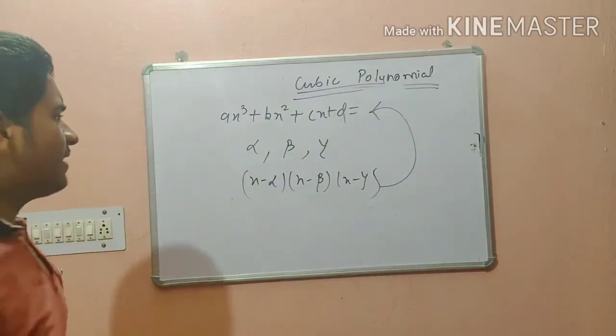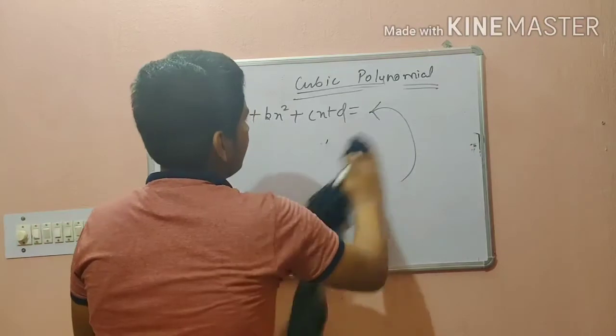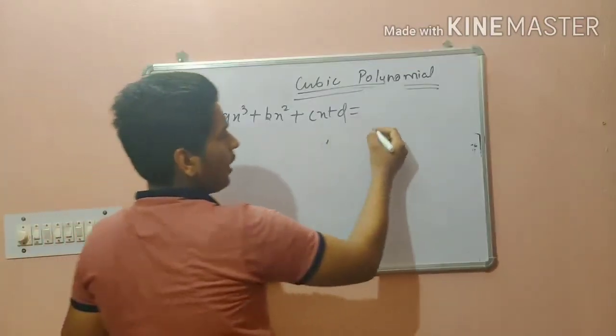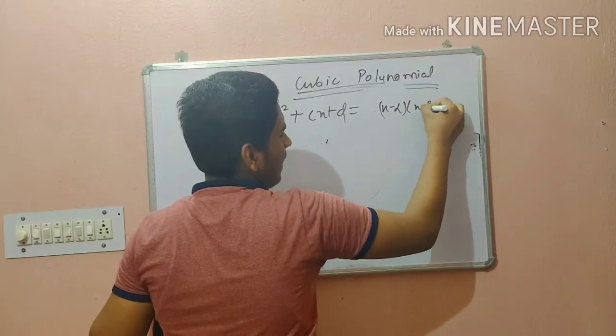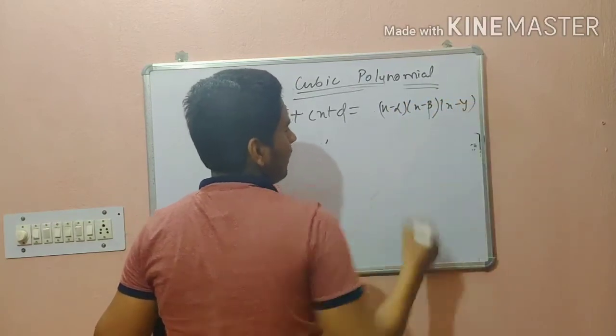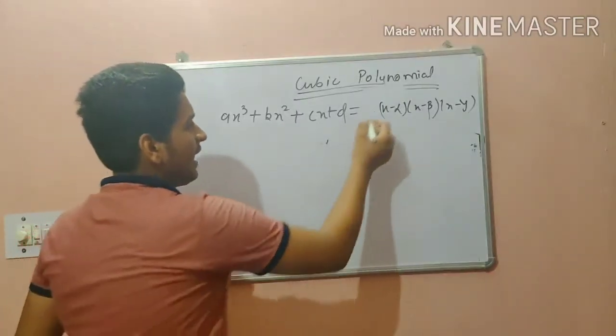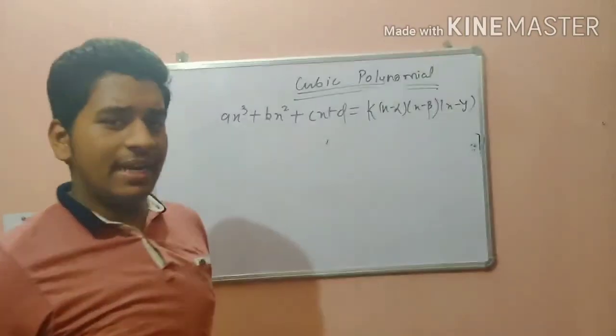Now when we multiply these 3, we get the polynomial back itself, which implies that this whole polynomial equals k times (x minus alpha)(x minus beta)(x minus gamma), where we take a constant k. In case there is a fraction, we will remove this.